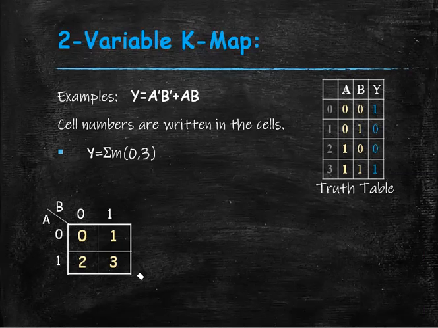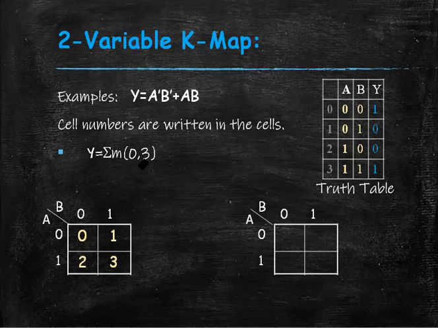Then we know that the output is high for 0 and 3. Then we have to write a 1 for position 0 and position 3. We have to write a 1 in the position of 0 and in the position of 3.